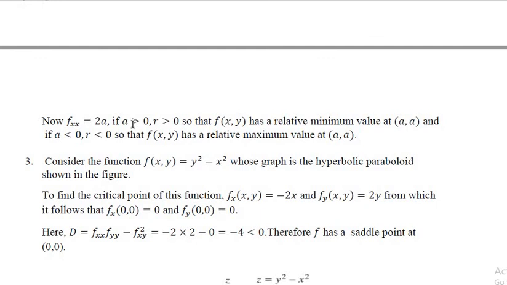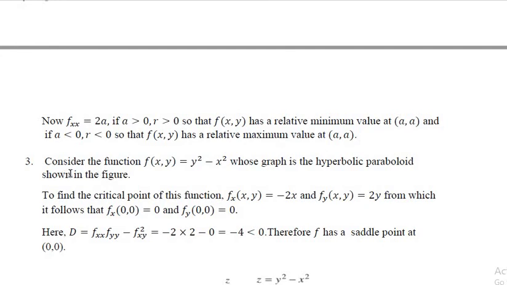If a greater than 0, fxx is greater than 0, that means r is greater than 0. Then we know that D is also greater than 0, so the function has a relative minimum value at (a, a). And if a less than 0, we can see that fxx, whose notation is r, is less than 0, and D is greater than 0, which indicates that the function has a relative maximum at (a, a).